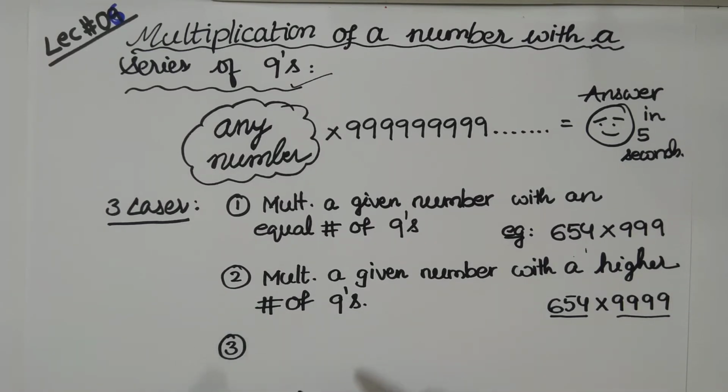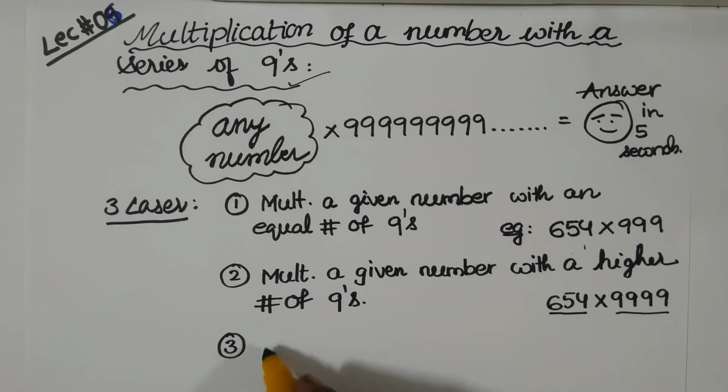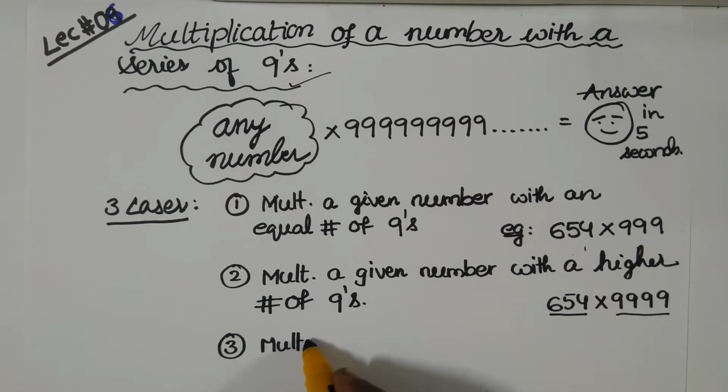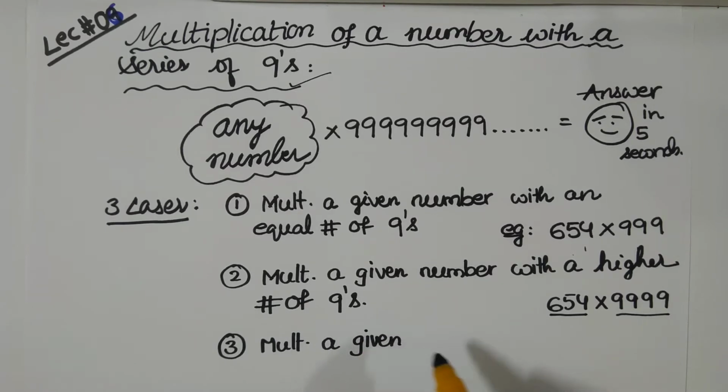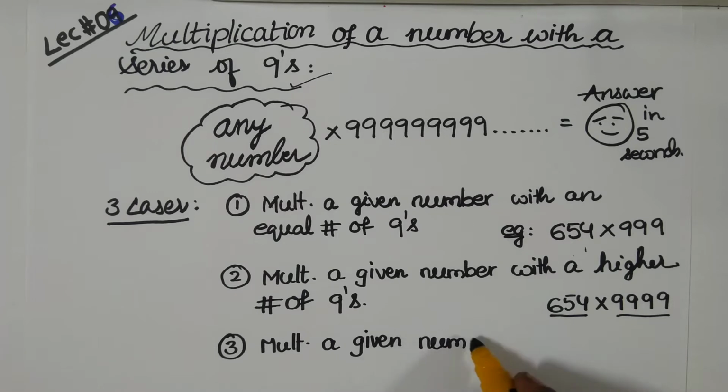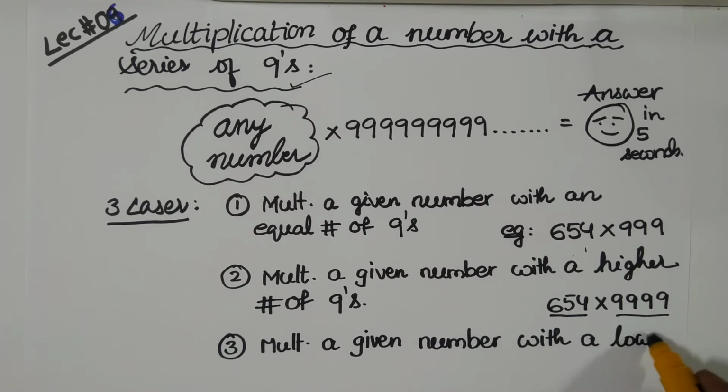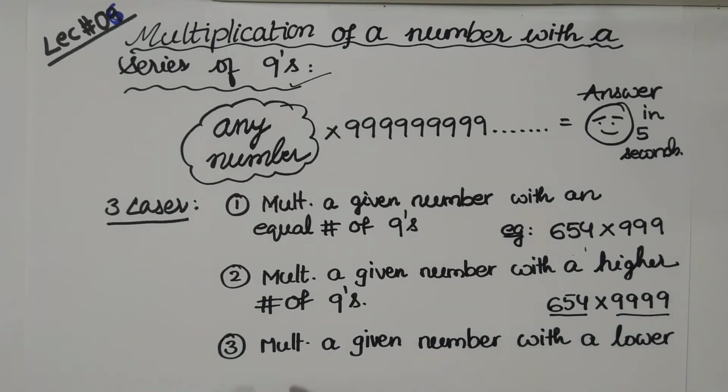And in the same technique we have case 3, that is to multiply a given number with a lower number of nines. So now the number of digits in the multiplier is less than the number of digits in the multiplicand.